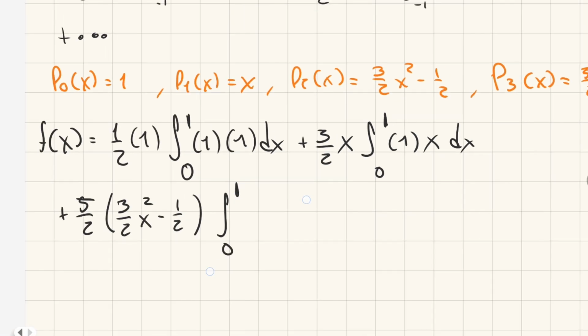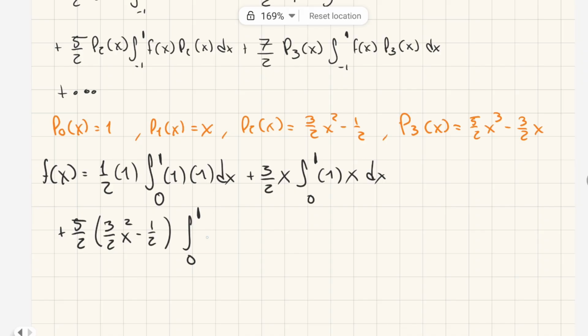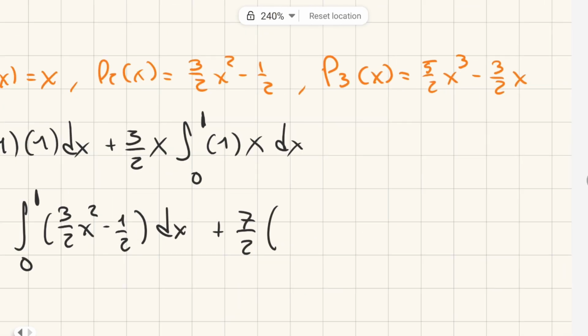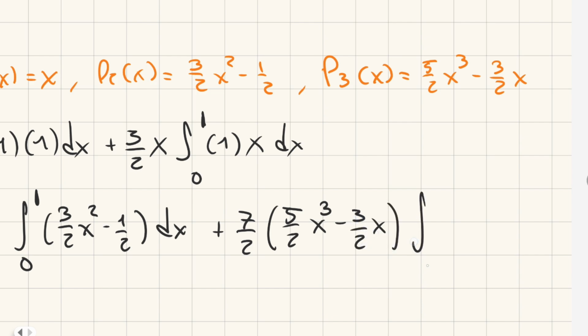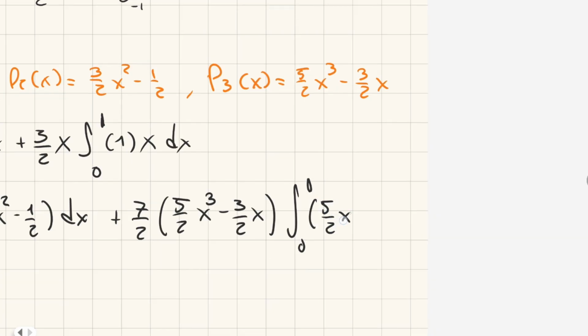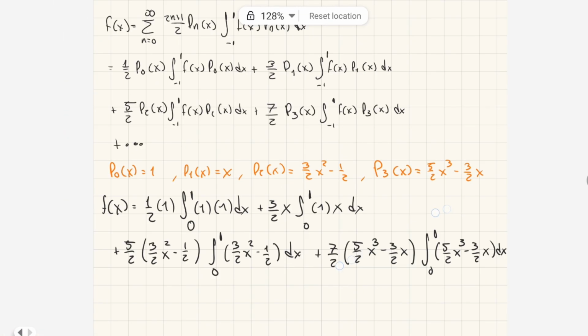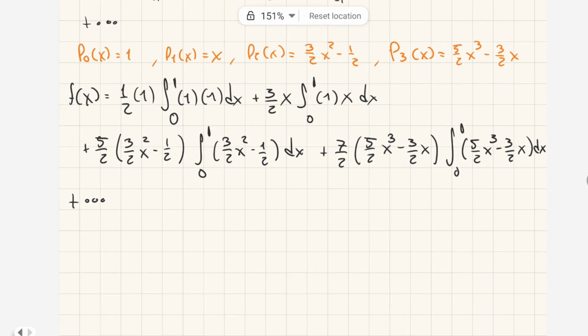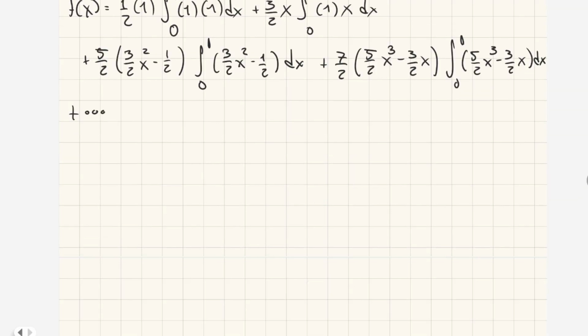So we have the integral from 0 to 1 of p sub 2 of x, which is 3 divided by 2 x squared minus 1/2 dx, and then plus 7 divided by 2, all this stuff, 5 divided by 2 x to the third power minus 3 divided by 2x, the integral from 0 to 1 of all this thing again, 5 divided by 2 x cubed minus 3 divided by 2 x and dx. Okay, so those are the first 4 elements of f of x as a linear combination of Legendre polynomials.